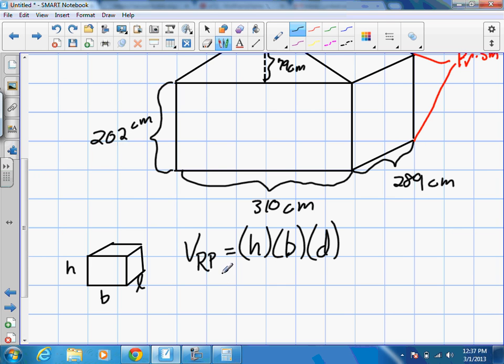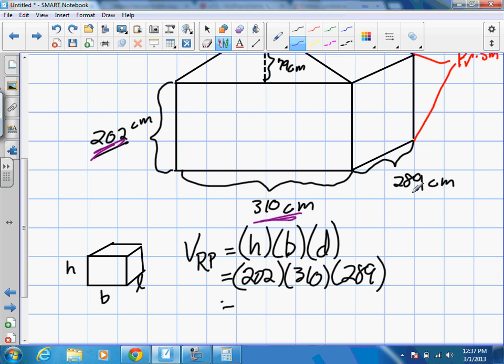So our height in this one is 202. Our base is 310. And our depth is 289. Those are the pieces of information I took right from here. We're only taking the bottom parts of information.